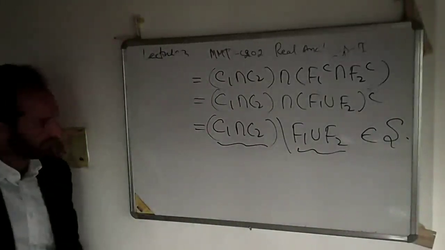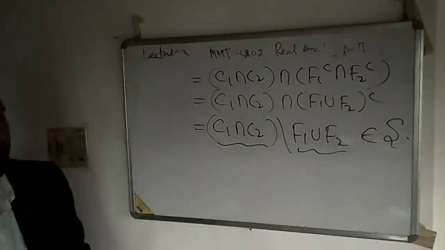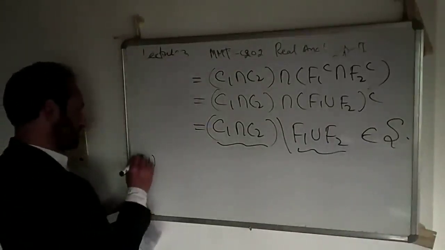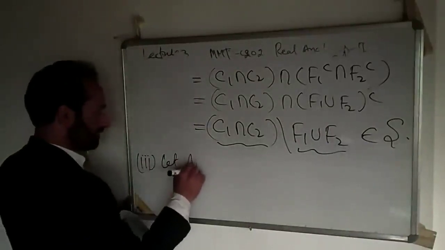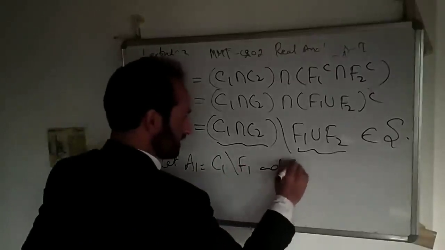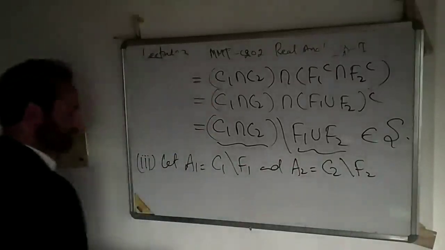Next we prove that the difference of any two members of S can be written as a finite disjoint union of members of S. So let's choose any two members of S. Let A1 equal C1 minus F1 and A2 equal C2 minus F2.